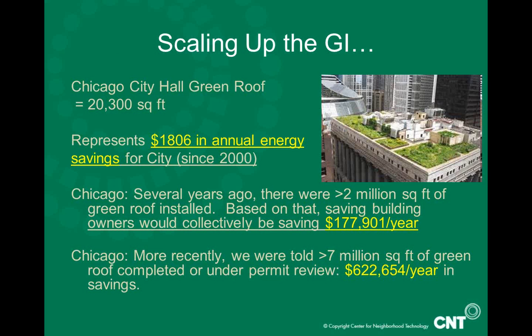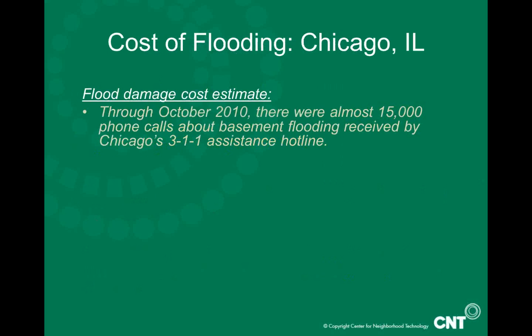Many other benefits will come from a green roof, and I can't even take the time to cover them, but this is just to show you one little aspect of that. So to talk about another one that might be of interest to you, and it certainly is here in Chicago, something we don't have an equation for in the valuation guide, but it has to do with flood damage in buildings.